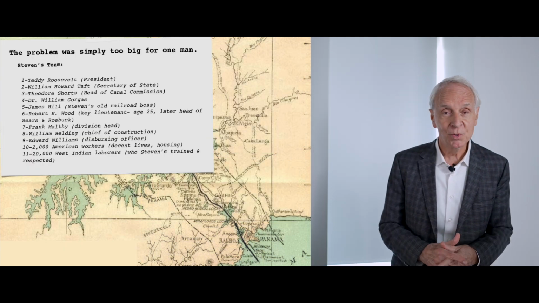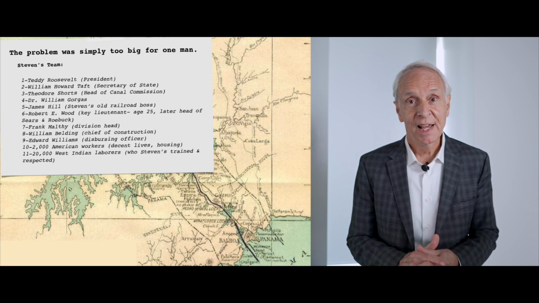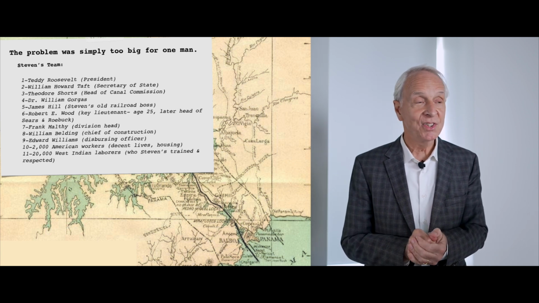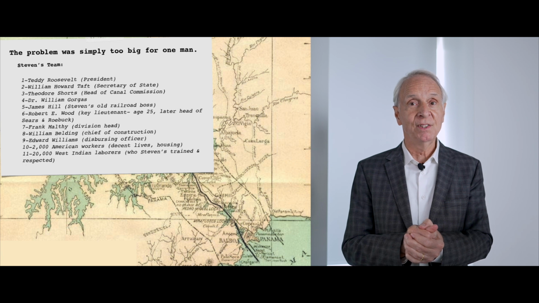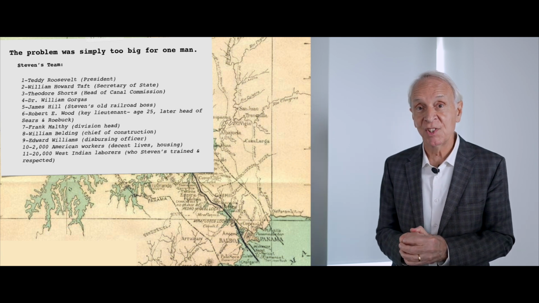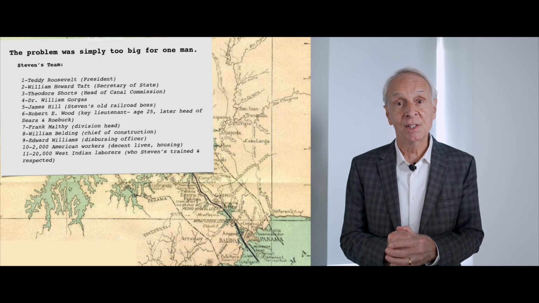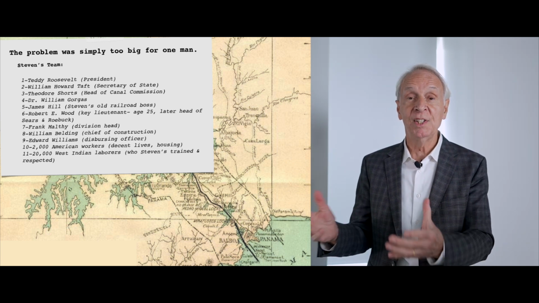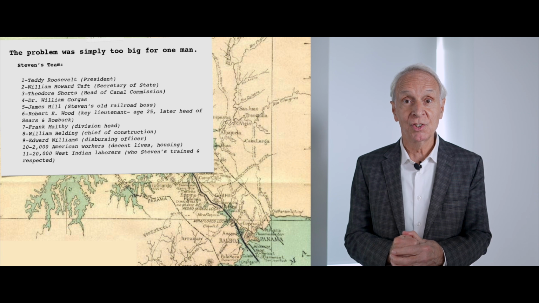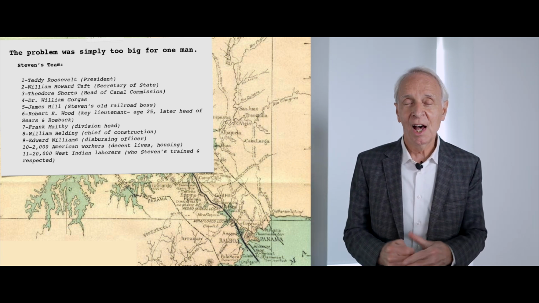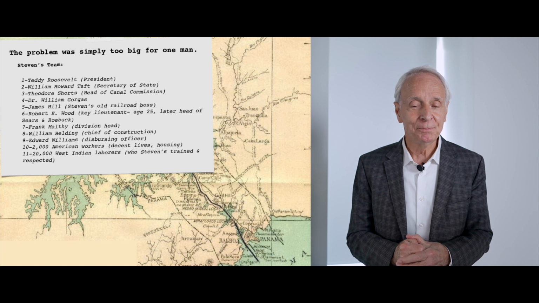This problem is way too big for one person, so he brings on a big team. His team consisted of Teddy Roosevelt, who was the president, an obvious part of the team, and William Howard Taft, who was the Secretary of War, later became president, but he needed somebody who could do these diplomatic negotiations. Ferdinand de Lesseps thought, oh, I can do that, and he goes down and tries to negotiate with Colombia.